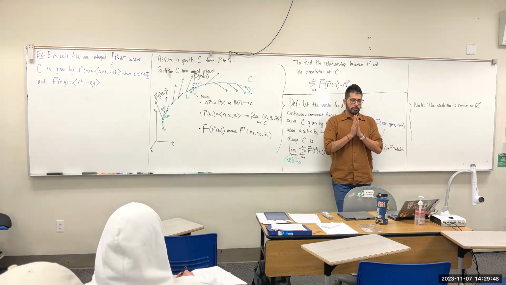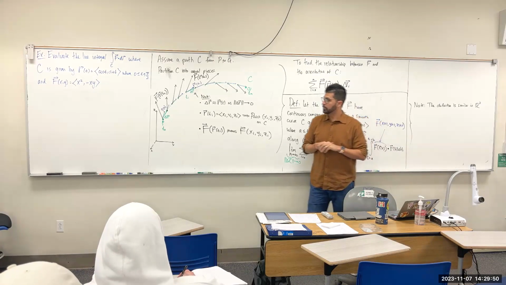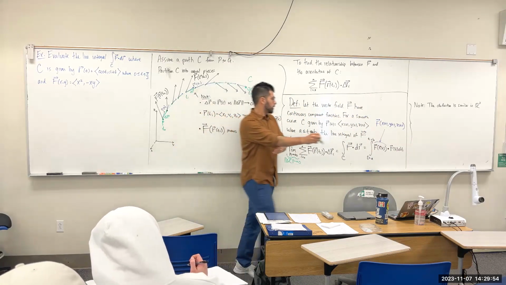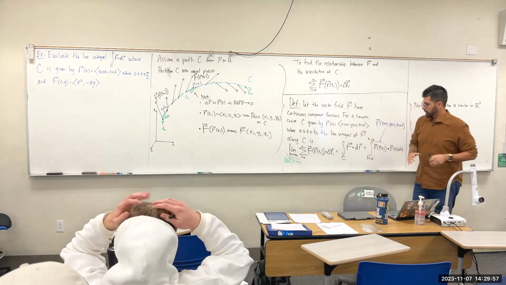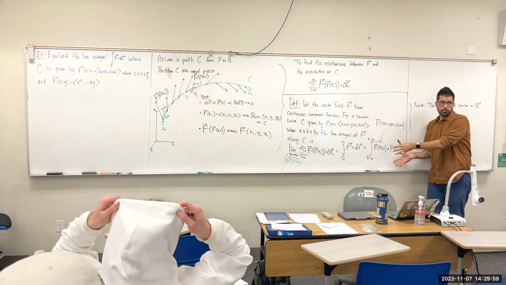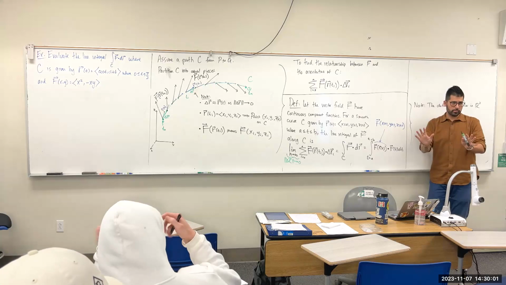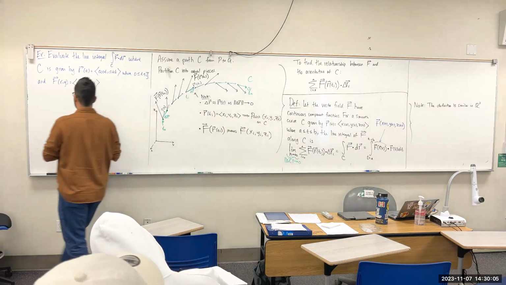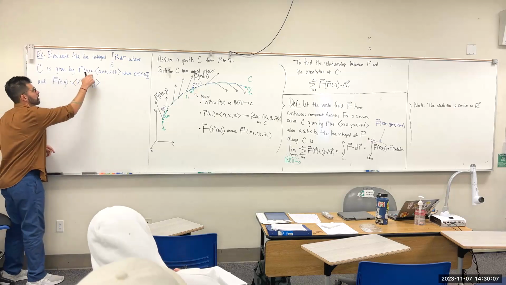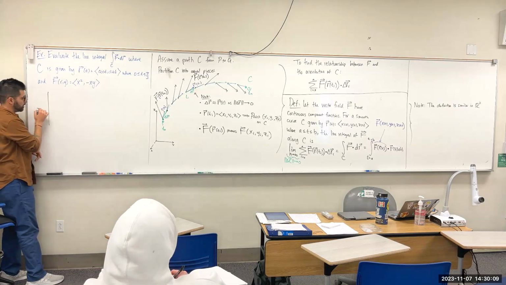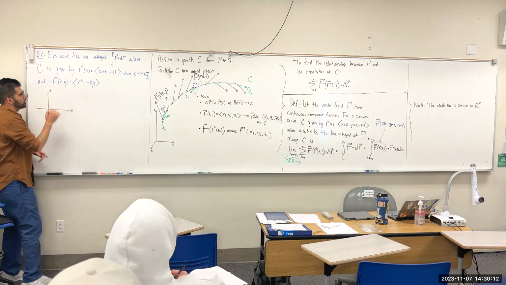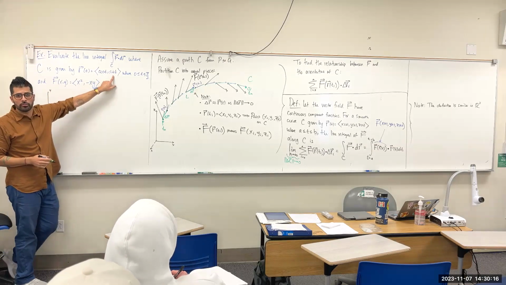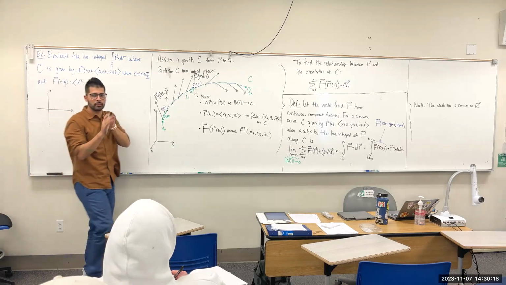Okay, let's see what's up. Just because this is the first example, I don't want to just go straight to the integral. Let's do a little bit of visual first, and then we'll go straight to the integral. I need you guys to remember what that curve looks like. x is cosine t, y is sine t. What does that curve look like?